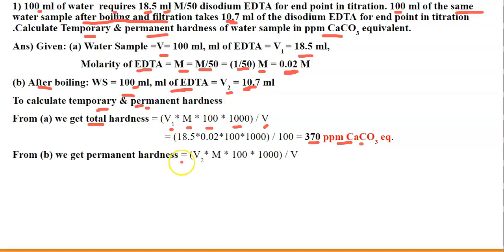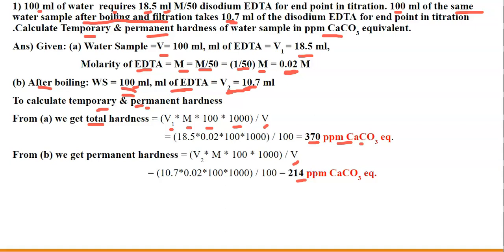For calculating permanent hardness, we put V2, that is how much EDTA is required after boiling, into M, the molarity of EDTA, which is the same since we are using the same EDTA solution, into 100 into 1000 upon V, the volume of water sample taken. The second time also the volume taken was 100 ml. Let's put the values into the formula and we get permanent hardness, which is 214 ppm of calcium carbonate equivalent.